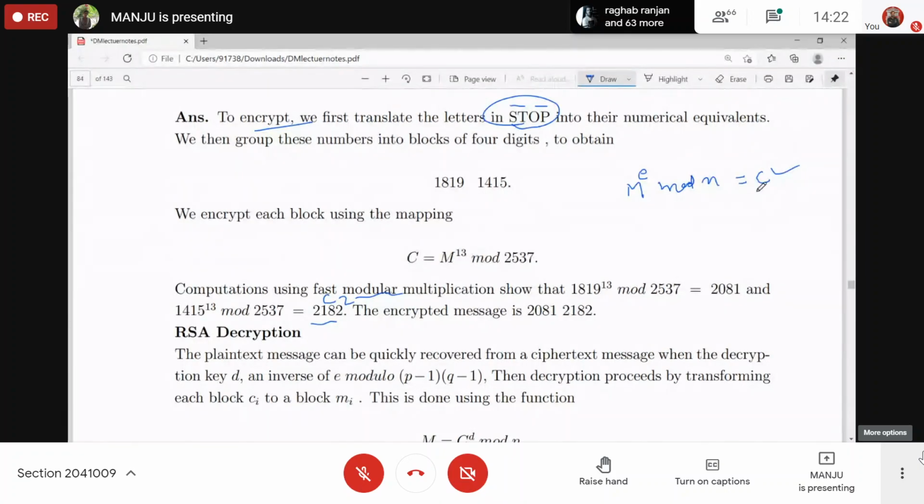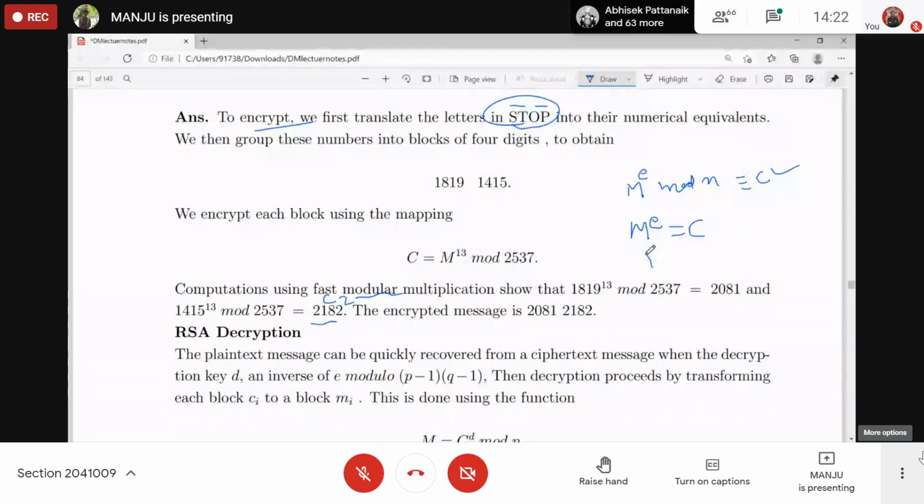So C will be given. What should I take if, for example, M raised to power E in the real numbers is given as C? So C is given and you want M. So what do you do? Take the Eth root on both sides, or you can just take the 1 by E power on both sides.